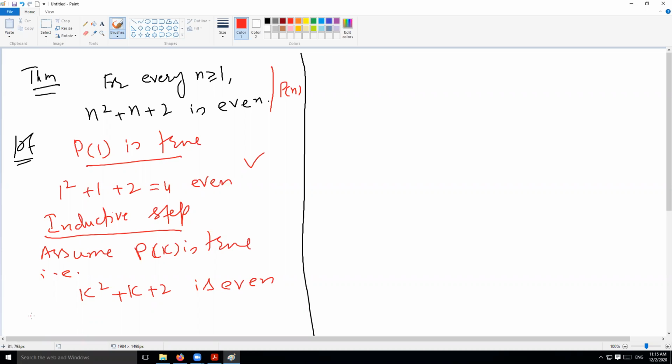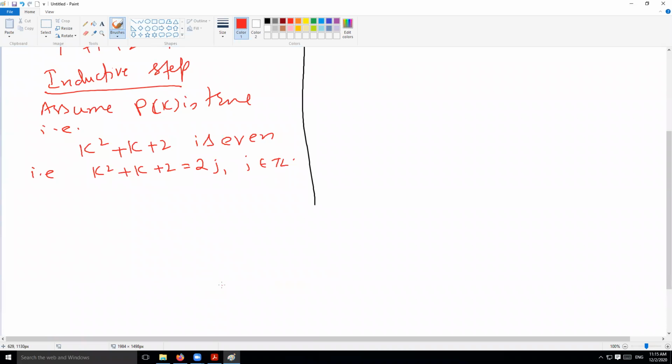By the way, if it is even, what does it mean? It means that k square plus k plus 2, whatever this number is, should be equal to 2 times some j, where j is an integer. That is the meaning of some number being even.